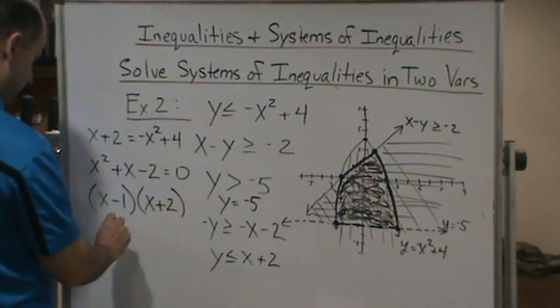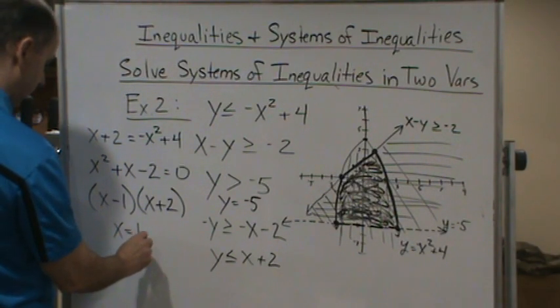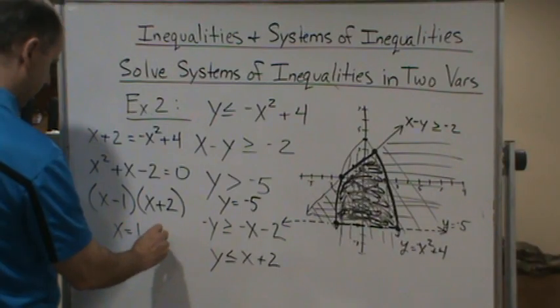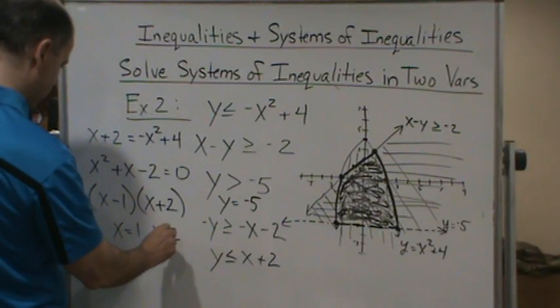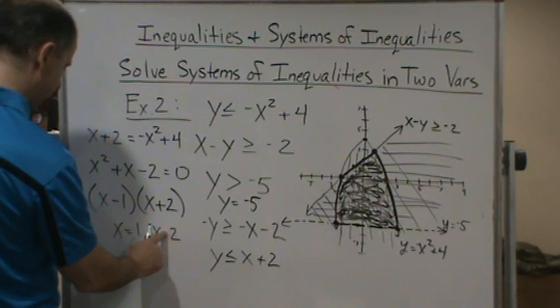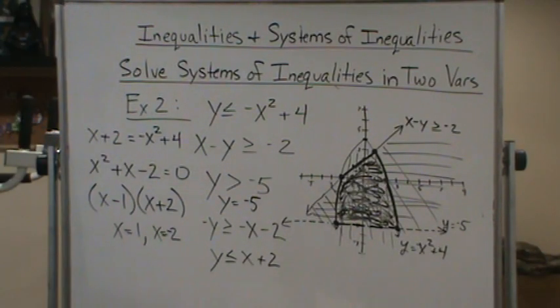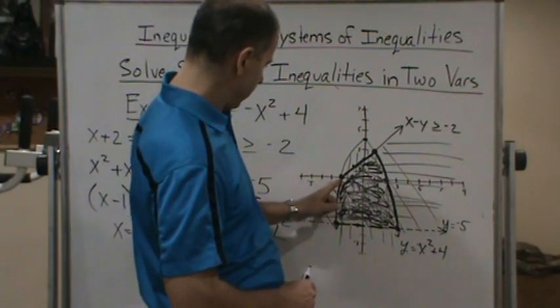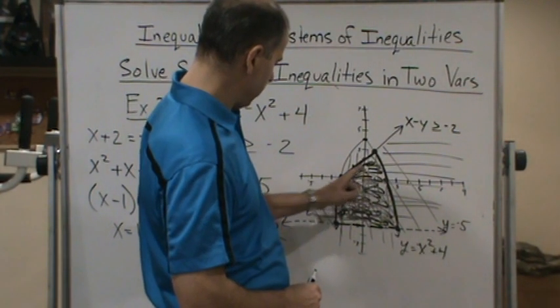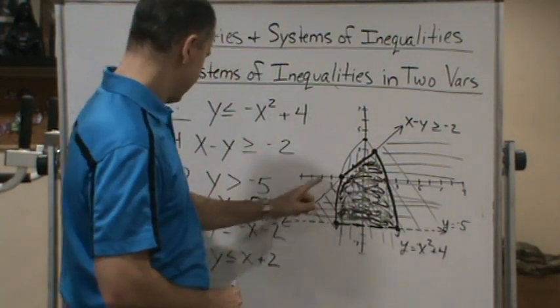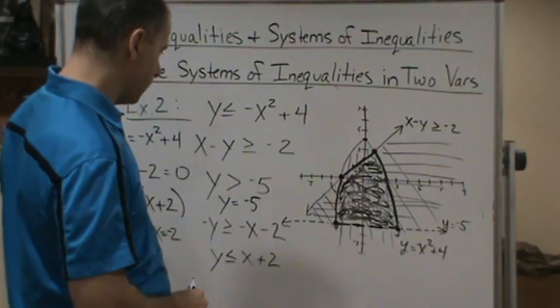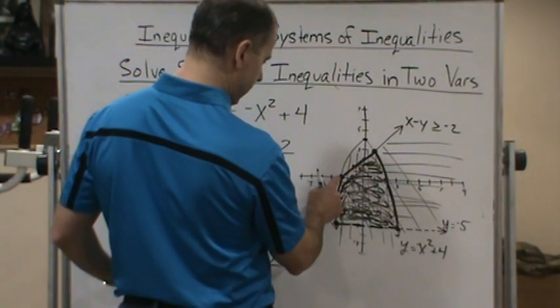And so that means x is equal to 1 or x is equal to negative 2. Okay, and so there are the 2 points, right? So this line intersects the parabola here and here. Notice that it's at -2, right where the x-intercept is.